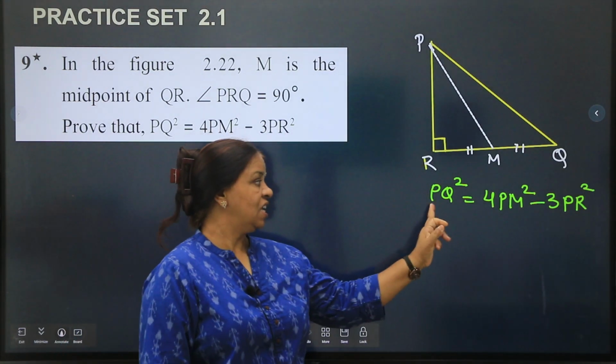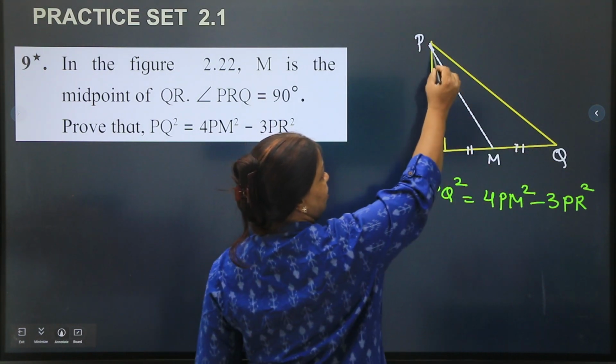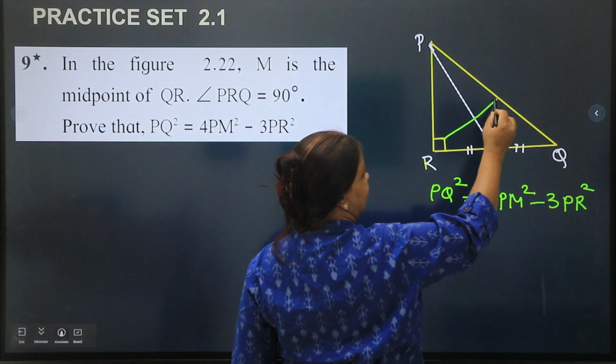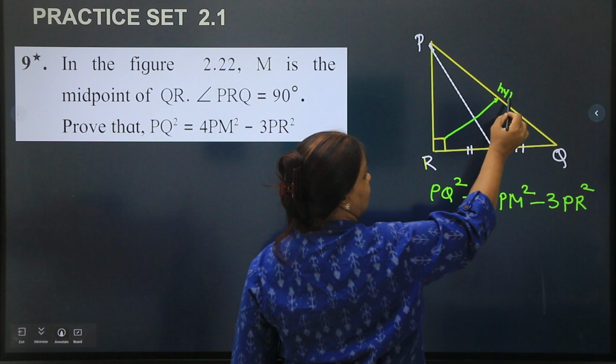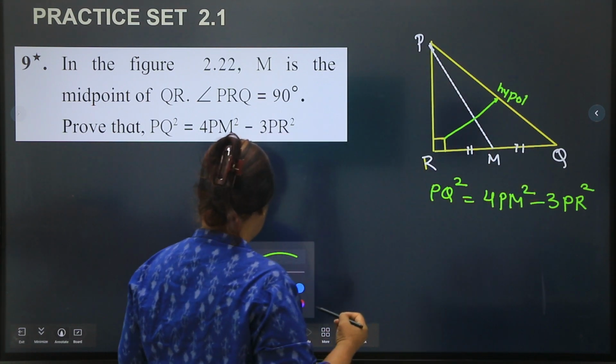The question says PQ square. So PQ square, how will I get it? This is PQ. PQ is opposite to 90 degrees, so it is the hypotenuse. So we will use Pythagoras theorem in triangle PRQ. Okay.